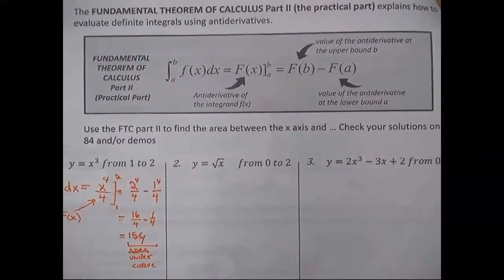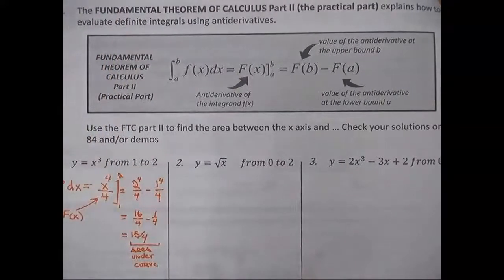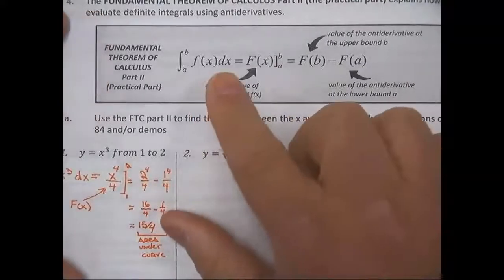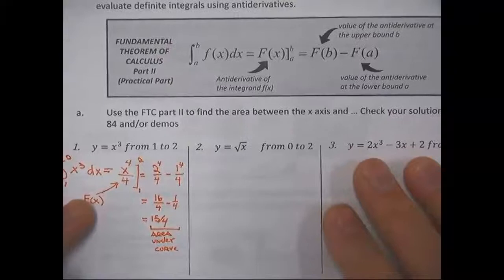Okay, guys, so we left off talking about the second part of the fundamental theorem, which was how to actually evaluate a definite integral without having to use our calculator or use Riemann sums, the stuff that we had done back in section 1.